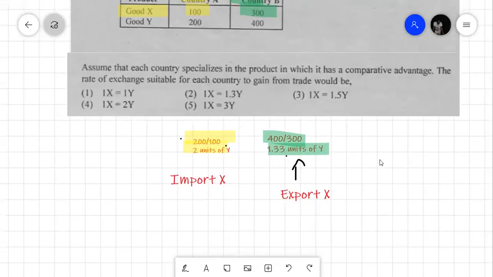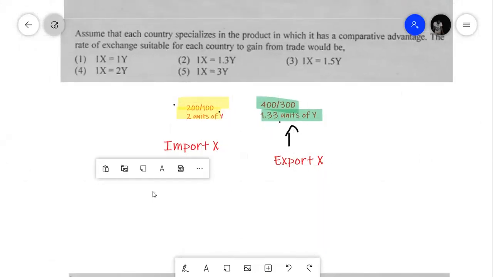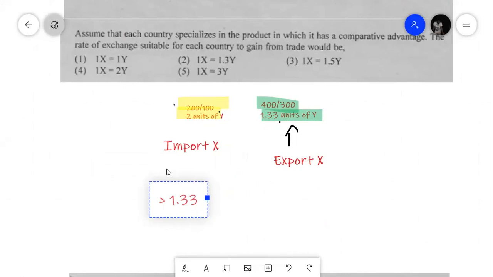So your mutually beneficial exchange rate has to be greater than 1.33. Now think of the country who is importing it. Country A is the one importing, right?